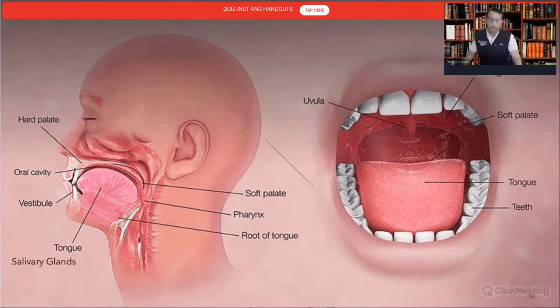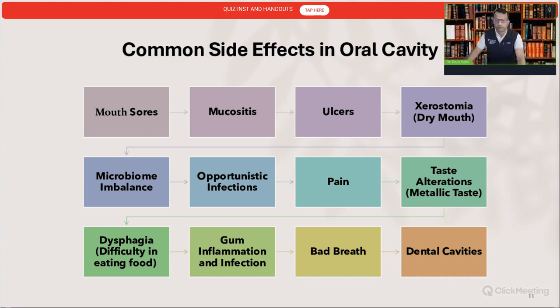In the oral cavity, irrespective of whether it's hard tissue or soft tissue, whether it's the tongue, the hard palate, the salivary glands, the taste buds, the roof of the tongue or the tip of the tongue, every tissue has to deal with certain side effects associated with cancer treatment.